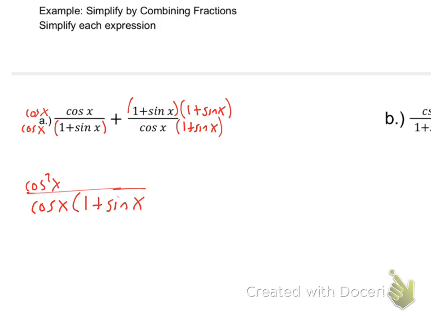But if you don't, 1 times 1 is 1, 1 times sine x. And then you got sine x times 1. So you got 2 of them, right? And then sine x times sine x, or sine squared x. Is everybody okay with that?